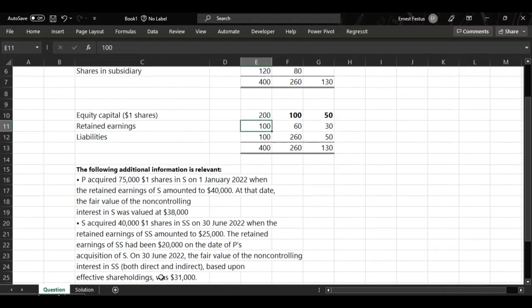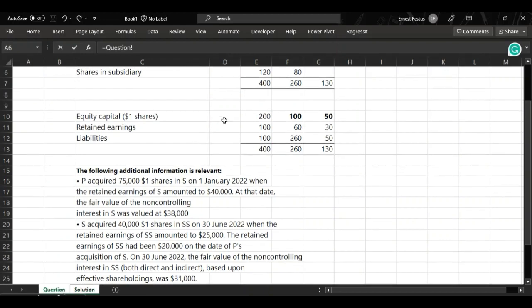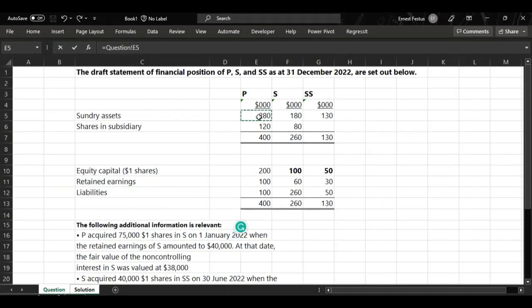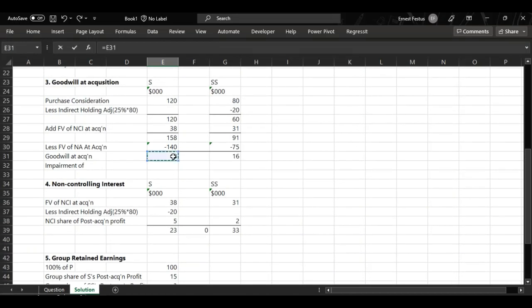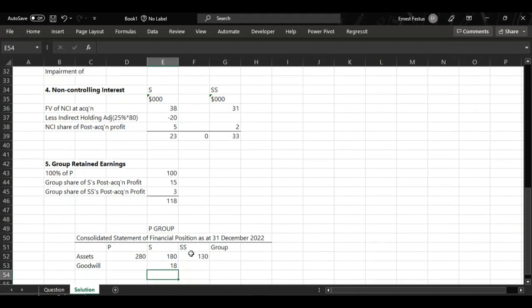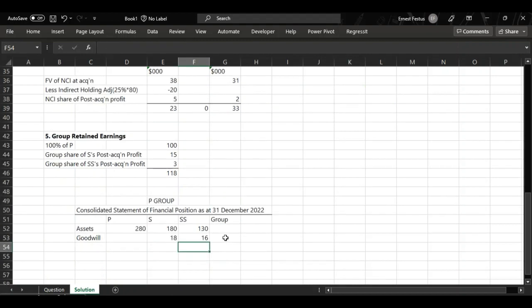Okay, so for our parents, we have this equals the assets right here. And then I can even copy it to right here. Then from our assets, we will have goodwill. Now our goodwill, because it's for S and SS, so equals our goodwill. We have 18, and then 16 for SS.